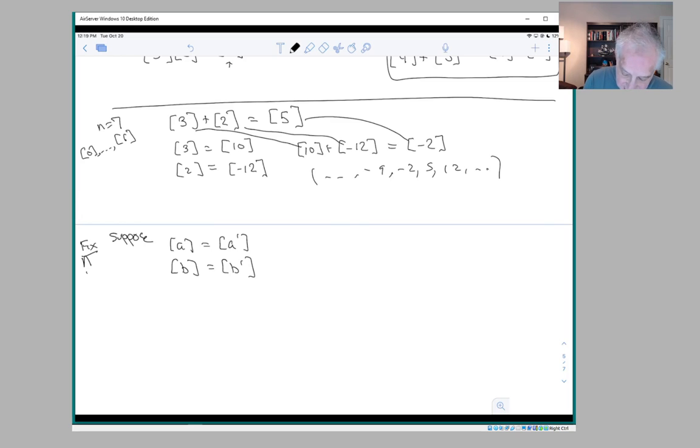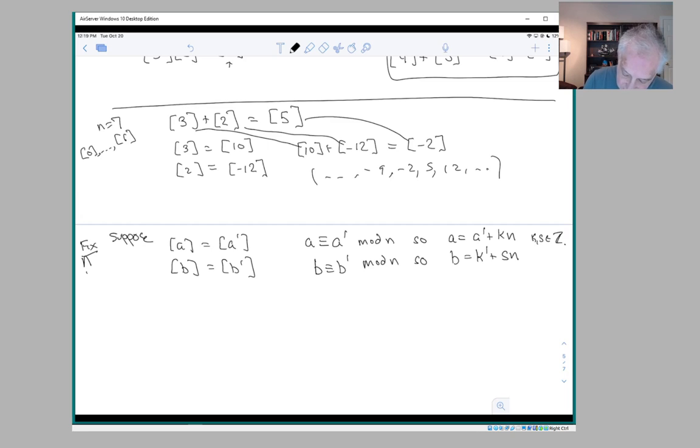Well, what does that mean? That means that A is congruent to A prime mod n, so A equals A prime plus Kn. And B is congruent to B prime mod n, so B equals B prime plus Sn. Here K and S are integers.